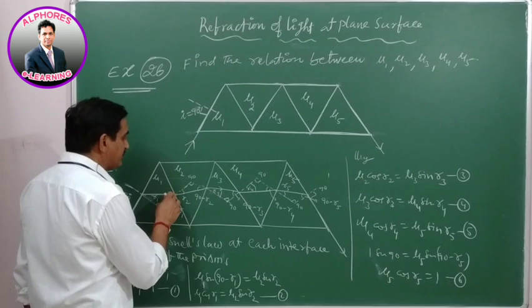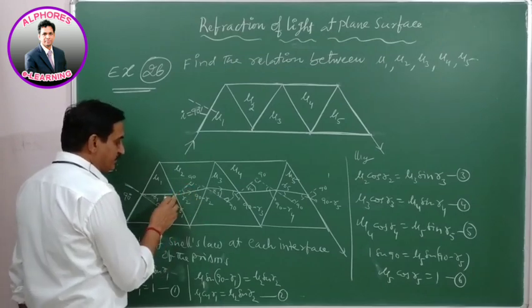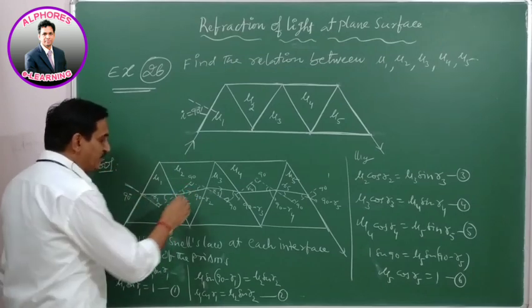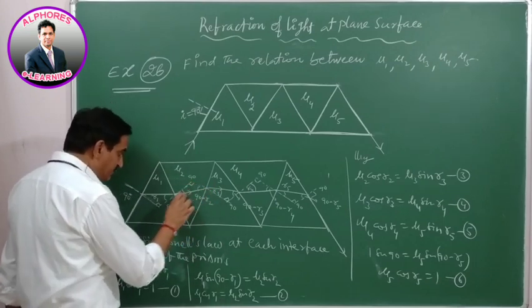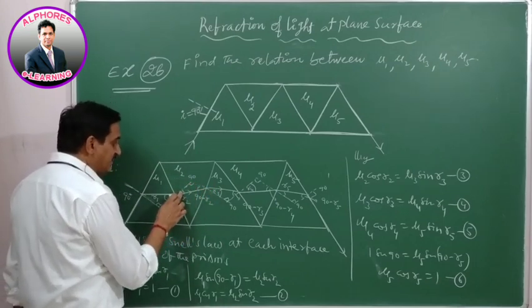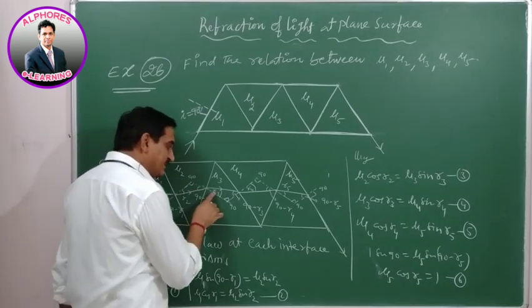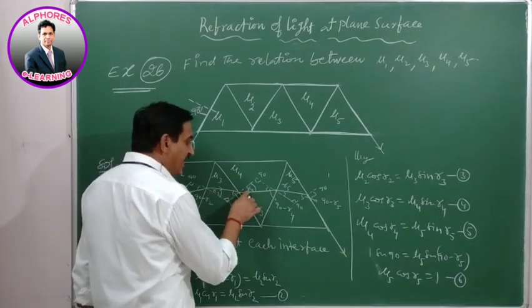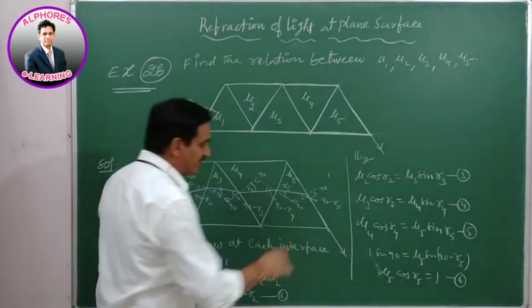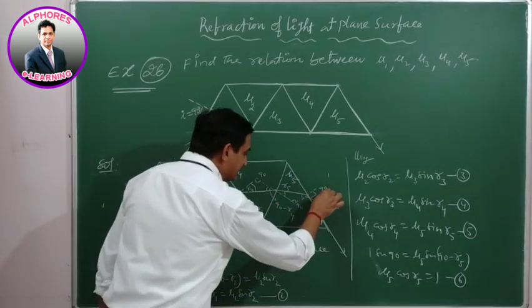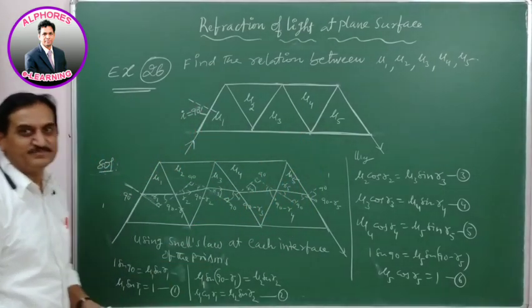Again it is one more prism, so refraction takes place in it. Let it be R2. Here again the normals give 90 degrees in this triangle, this is 90, this is R2, 90 minus R2. R3, again 90 minus R3. R4, again 90 minus R4. R5, again 90 minus R5, and finally grazing it is 90 degrees outside.